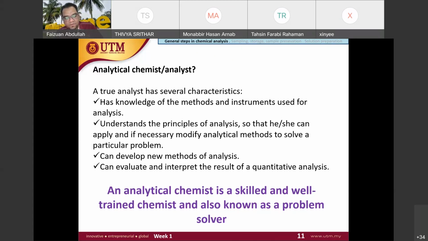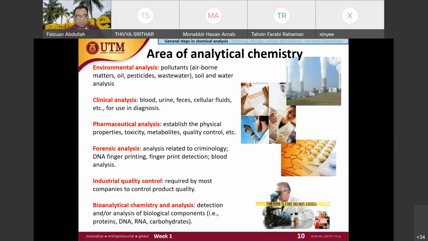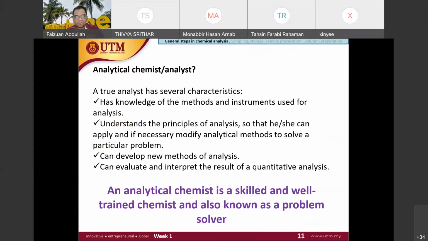In the forensic department, they analyze the DNA of the blood, and so on, right? So analytical chemistry is widely applied in various sectors and various industries. All right, and the application is very wide.